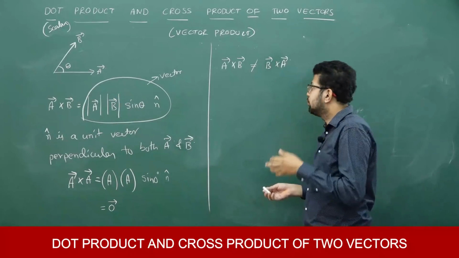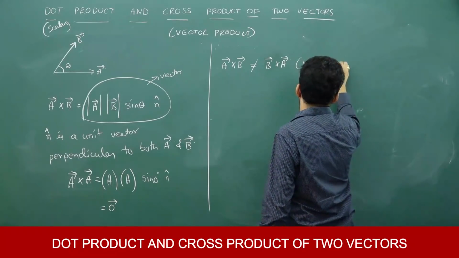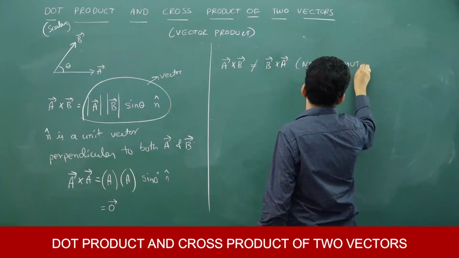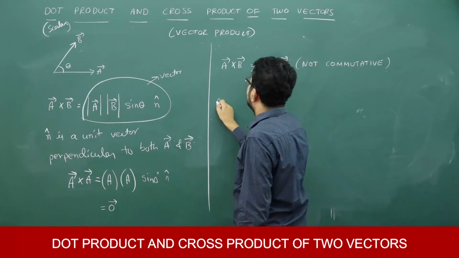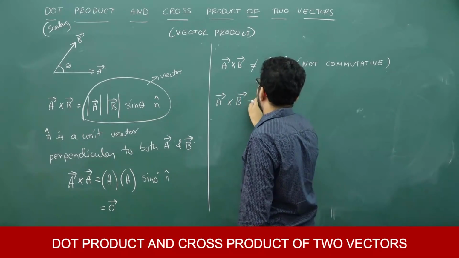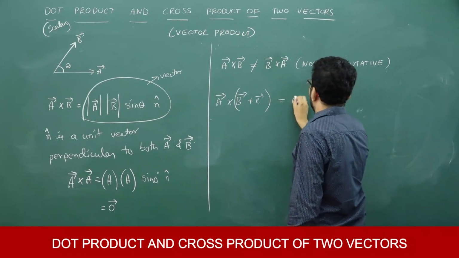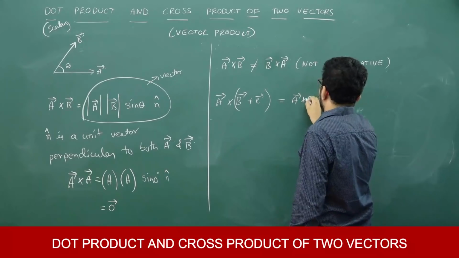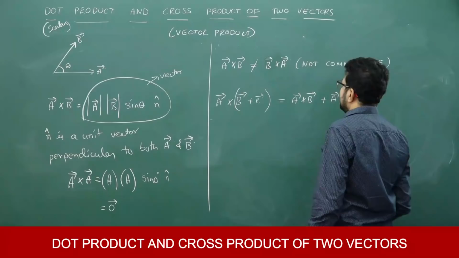Vector product is not commutative. But vector product is distributive. Say if you have A cross (B plus C), then A cross (B plus C) will be equal to A cross B plus A cross C. Vector product is distributive.